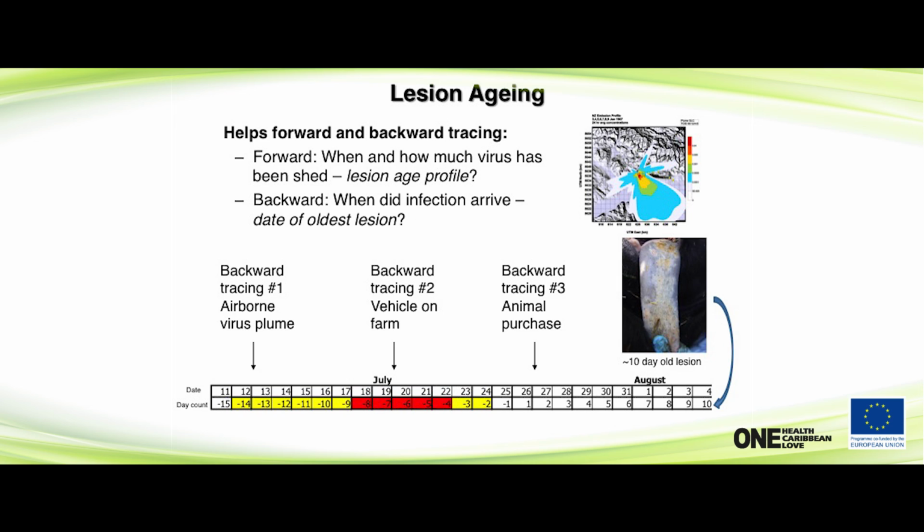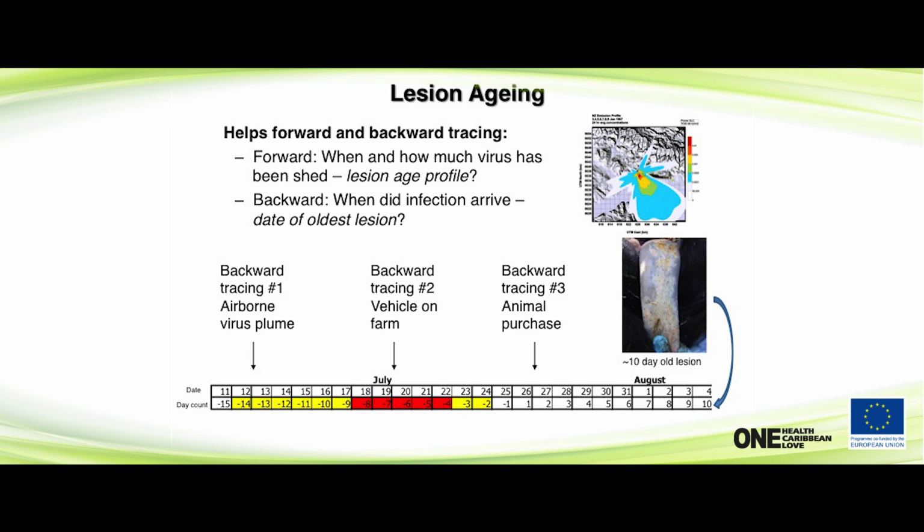So you want to know how long have there been animals infected and shedding virus on the farm in question. So that means you need to look at preferably all, and certainly as many as possible, of the animals on the farm, and you need to work out what is the lesion age profile for the farm.